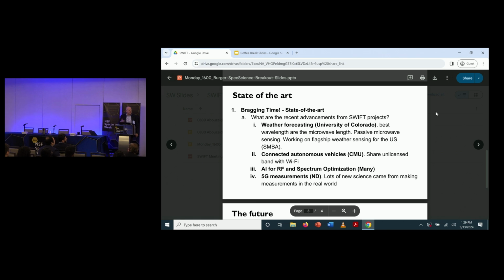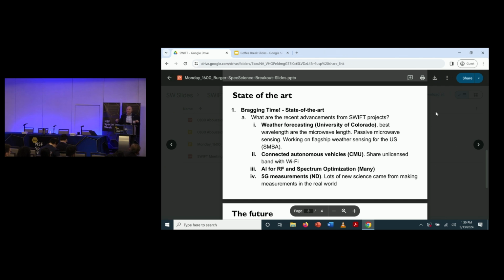Some work was done at Carnegie Mellon on connected autonomous vehicles. And the interesting thing there is, we keep saying, oh my goodness, unlicensed, we can't count on anything. And yet for an autonomous vehicle, they're not totally relying on it. They've got their own little exclusive space, but when you need more, how can you fairly reliably use more?